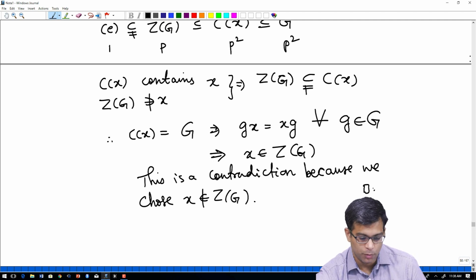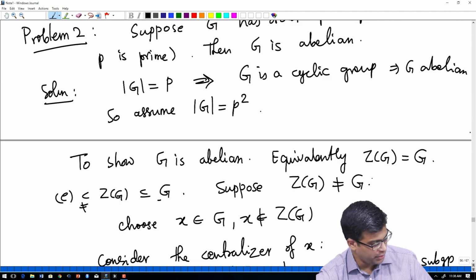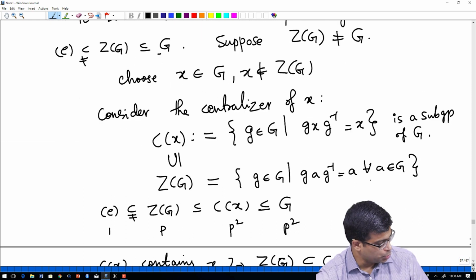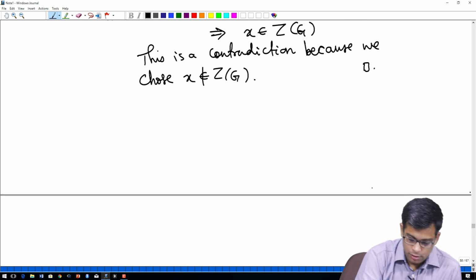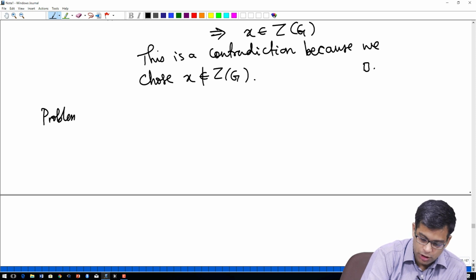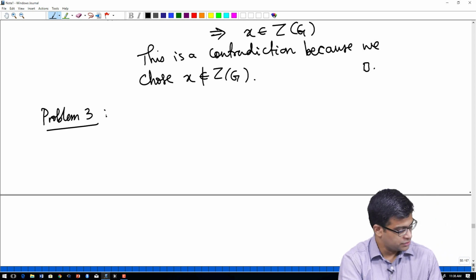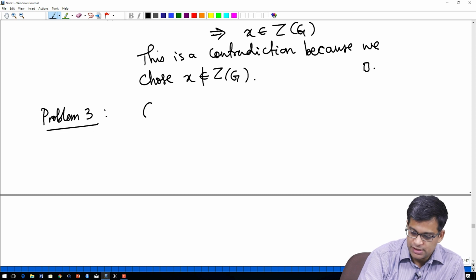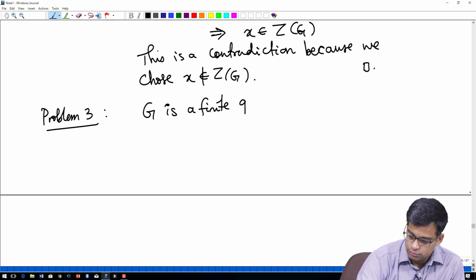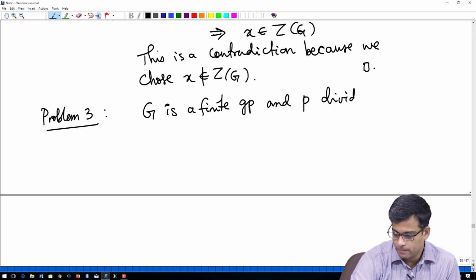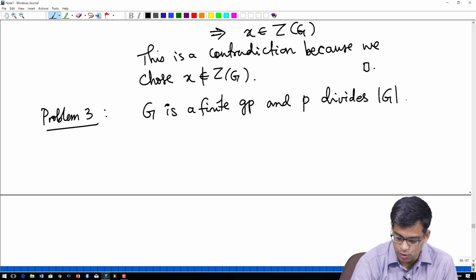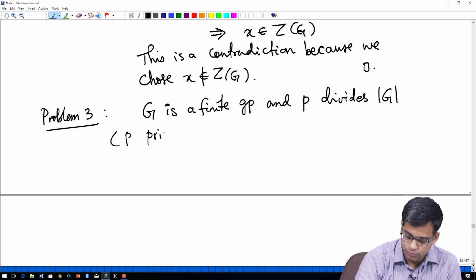So, this shows that any group of order p squared or any group of order p is abelian. Now, using these two facts which do not require Sylow theorems at all, I am going to do a third problem which does use the Sylow theorem. So, let us say G is a finite group and p divides the order of G, and as always p is a prime number.